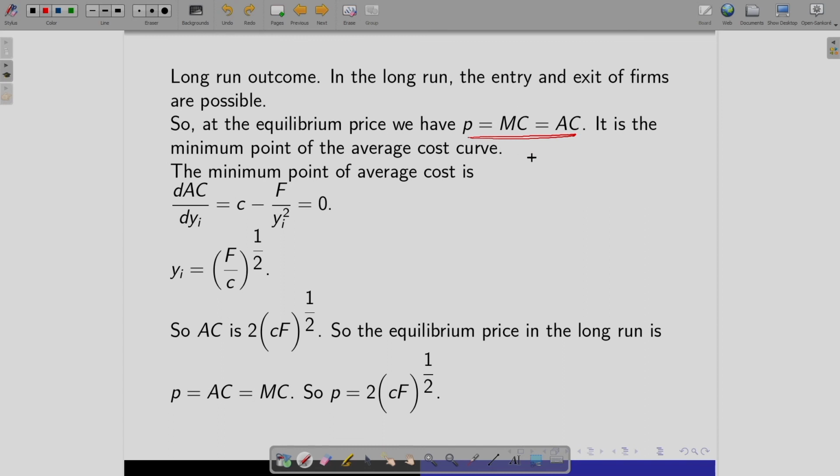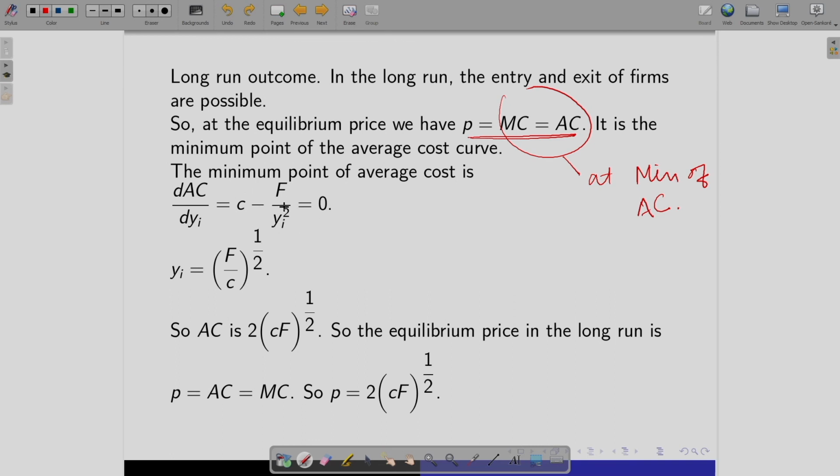So, we find the minimum of the average cost, because this happens only at the minimum of AC, average cost. So, we take the average cost function and just minimize it with respect to output of each firm.